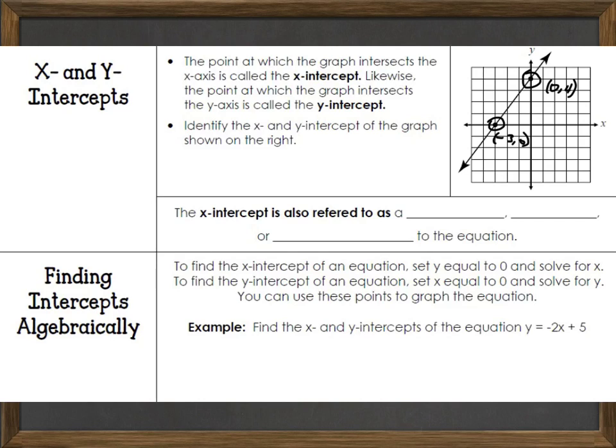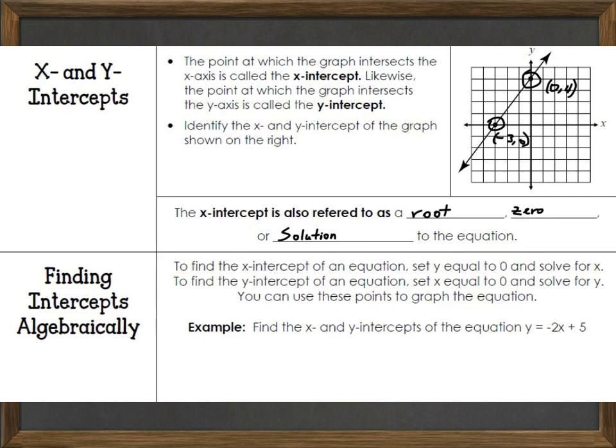The x-intercept is referred to as a root. When we get solutions for quadratics, we'll be finding x-intercepts. So x-intercepts can also be called a root, a 0, or a solution to the equation. Okay?